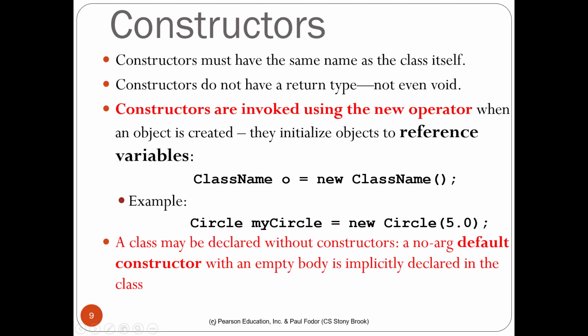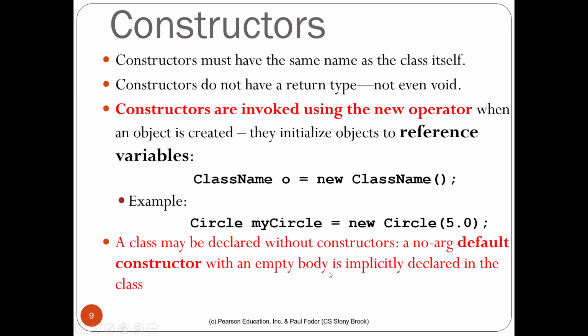Alright, great. Now if you followed all these things, then I'm about to tell you a very interesting fact about constructors. The fact is that a class may be declared without any constructor. So if you don't write any constructor in your class, you are fine. Why? Because Java by default will write a no-arg constructor, which will have an empty body.